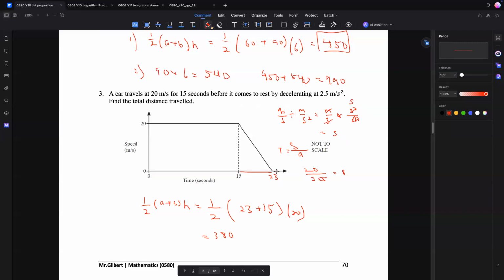So that is what you want to find here. So this is your speed divided by acceleration, and you get your time.